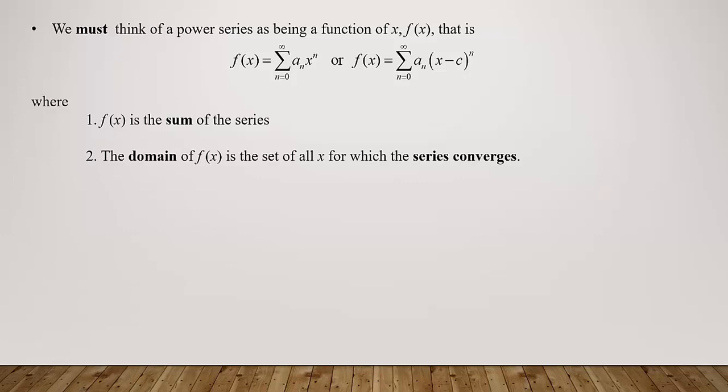The domain of f of x is the set of all x for which the power series converges. And then look at that definition again. When we wrote out the term by term of the power series, that function kind of reminds me of a polynomial function. Well, except there's an infinite number of terms.